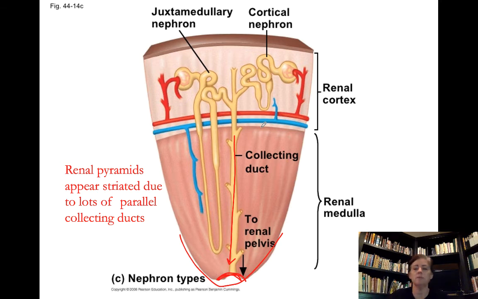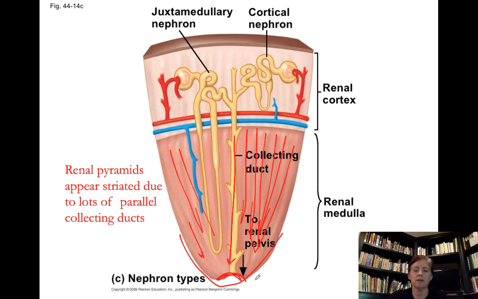They look kind of striped, because the pyramids are where we have all these collecting ducts traveling down. There's tons of them, all organized parallel to each other, traveling through that medullary pyramid and conveying urine down to the papilla so that it can drain to the minor calyx, then the major calyx, and then out through the renal pelvis and the ureter.